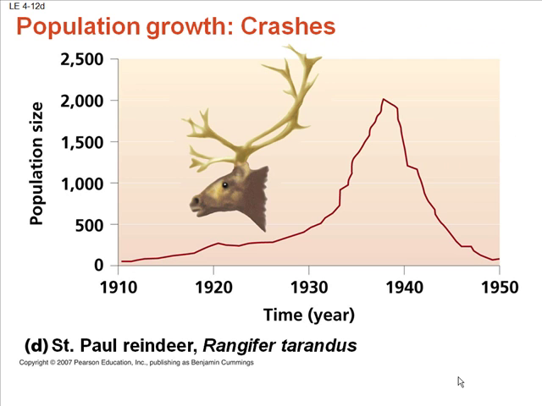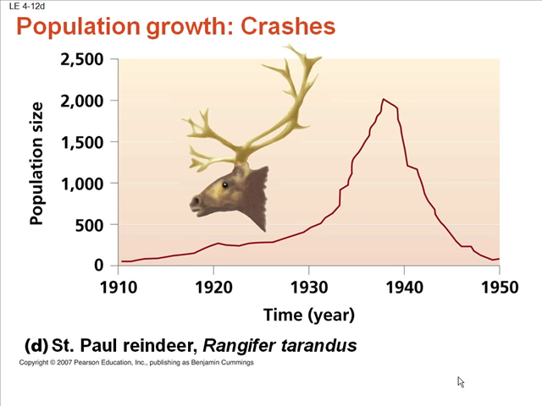Some populations will do what you might call a crash, the population growth curve. So here is a group of reindeer introduced to a small island off the southwest coast of Alaska when 26 reindeer were introduced in 1910. There's a lot of food on the island, right? Lichens and mosses and other food sources were plentiful. But by 1935 or so, the herd's population had soared to 2,000.